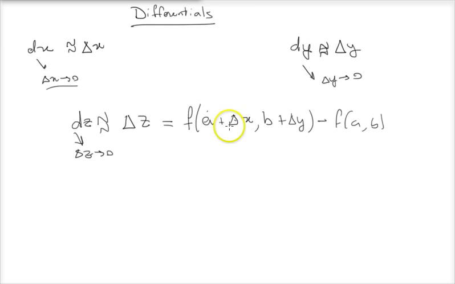We're changing those by a little bit and subtracting the original value of the function to get some general change in z, and this dz is called our total differential once we make that change in z approach 0. So since we have changes in both of these, this change in z approaches 0 when our change in x approaches 0 and our change in y approaches 0.